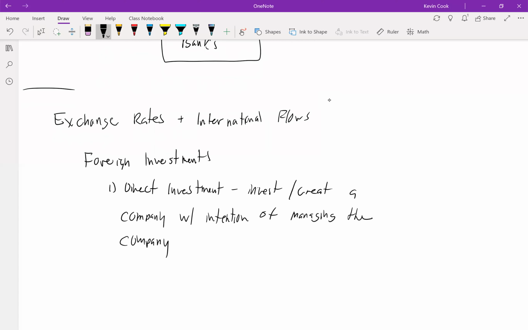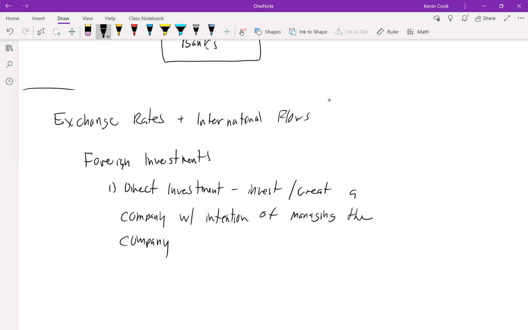A lot of our firms that are trading internationally and have a presence in the global market will make a subsidiary of themselves in the UK or in Japan. So you'll have something like McDonald's of Asia, McDonald's of Europe, whatever their subsidiaries are. And then McDonald's will actually manage that subsidiary. So they have a separate company, but it's managed by the home company.